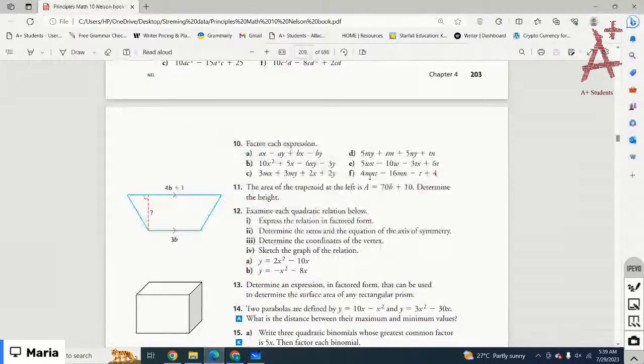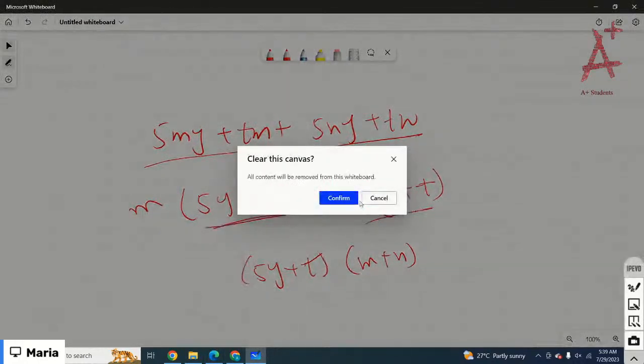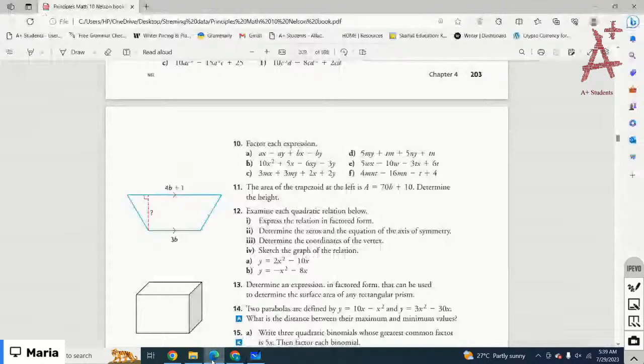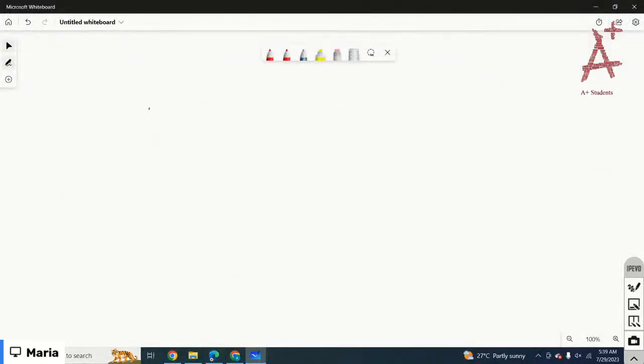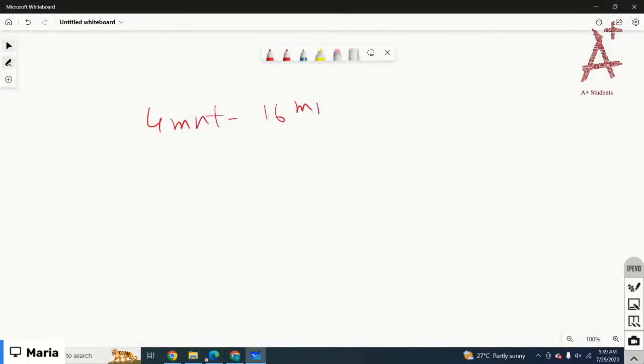Okay, let's just do another one. 4mnt minus 16mn minus t plus 4.